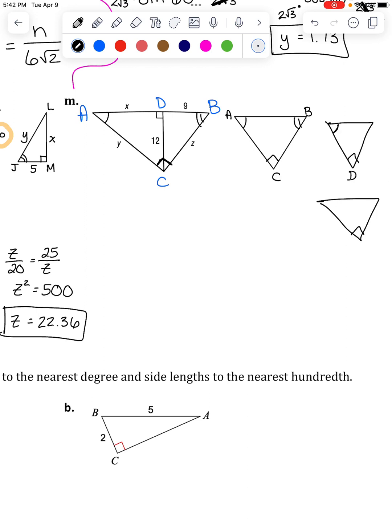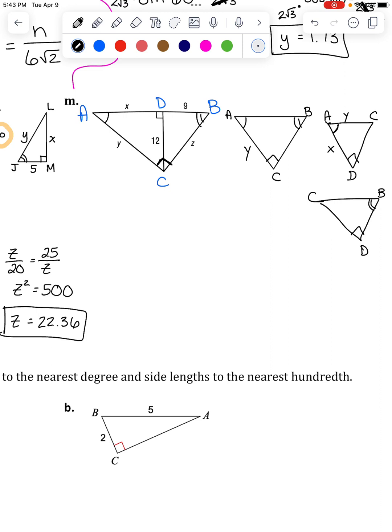Okay, working with the triangle on the left first. Its right angle is D, and it's got the single marked angle, which goes on the left at A. Its third corner is C. The triangle on the right side has its right angle at D. It's got the double marked angle, which goes on the right side at B, and its third corner is C. Okay, AC is Y. It's there and there.